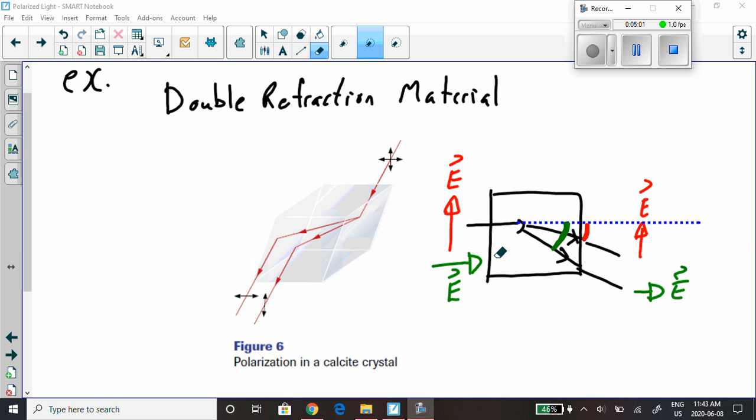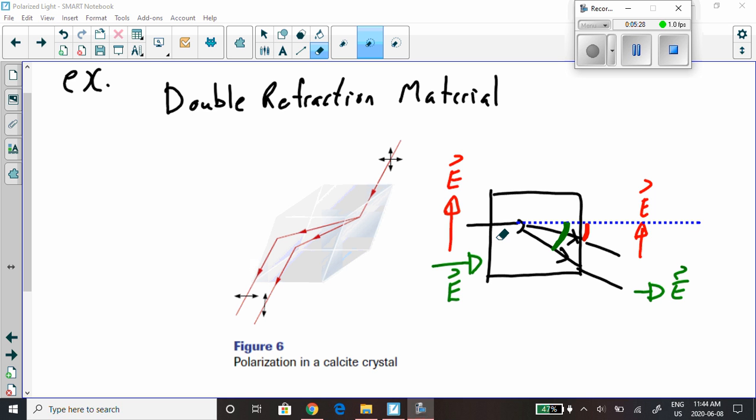So I've kind of redrawn it for you. If you've got unpolarized light, so light with electric field up and down and light with electric field left and right, it comes in, but it splits. Light with up-down electric field only bends with this angle. Light with left-right electric field bends with that angle. So you actually see two images. I hope you saw that in the video that the professor, I think he was a geology professor, showed.